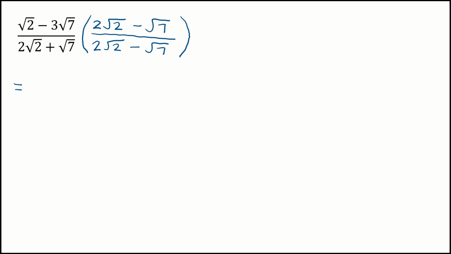So first we have root 2 multiplied by 2 root 2. 2 stays on the outside. Root 2 times root 2 works out to a 2. Then we have root 2 multiplied by root 7. That will work out to negative root 14. Going to get rid of these arrows to write the next one.